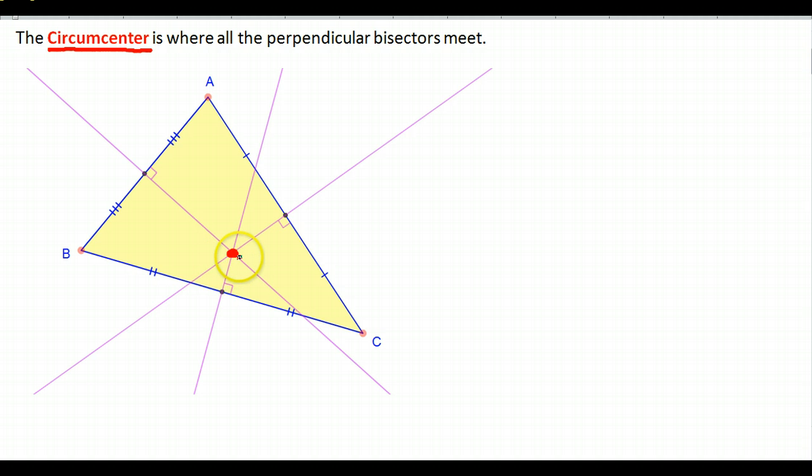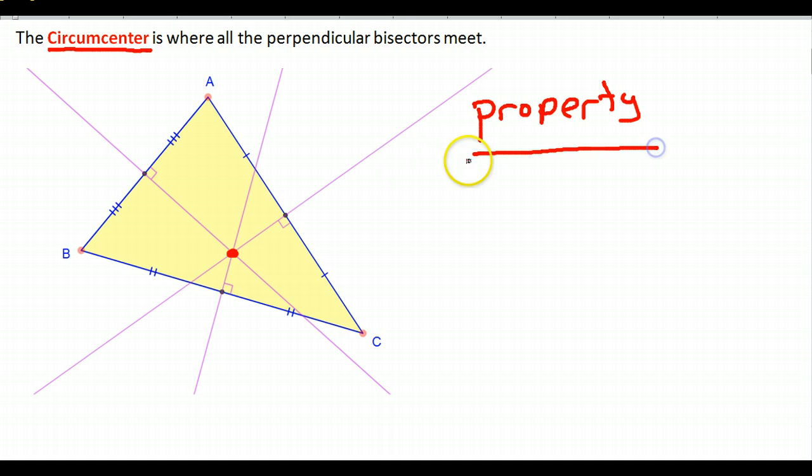But that is not the important property of a circumcenter. Here is the property that you need to know for a circumcenter.